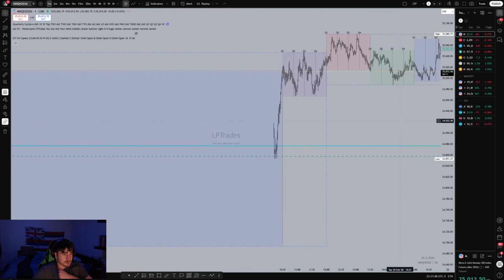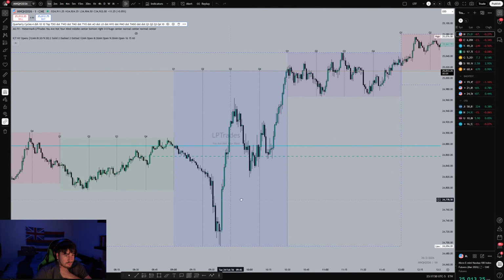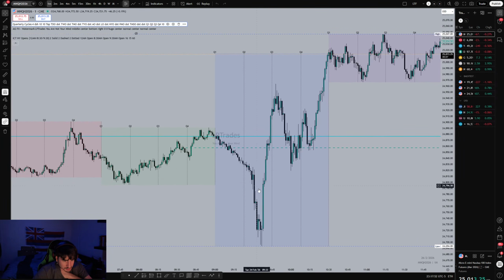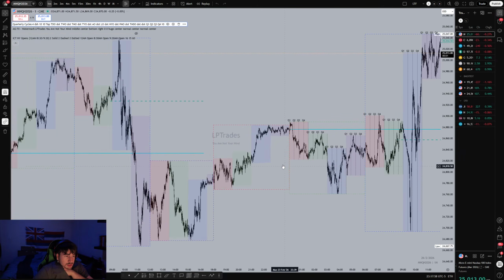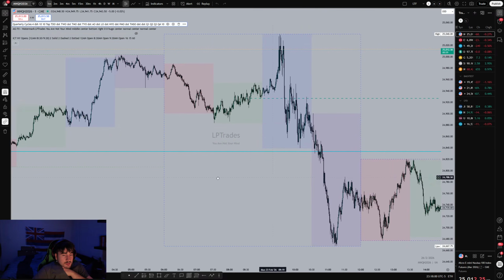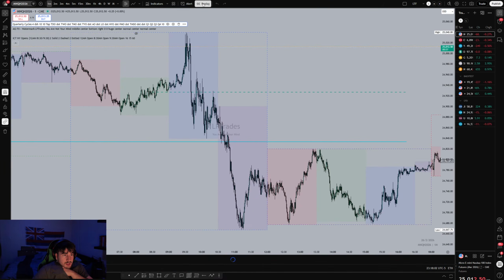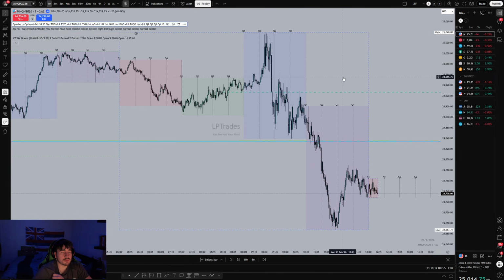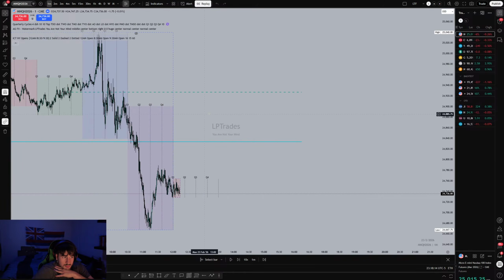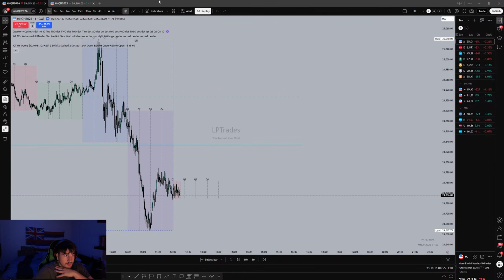I'm trying to find a good example, but usually you'll have accumulation, manipulation, distribution. 9:45 is kind of like a macro time where the algorithm's going to start delivering if it hasn't already. And if you pair it with 9:30 in the morning, which is a very volatile time, then 9:45 will have a lot. By 9:45 you'll usually always have manipulated in the first 15 minutes. Anyways, it's not important.